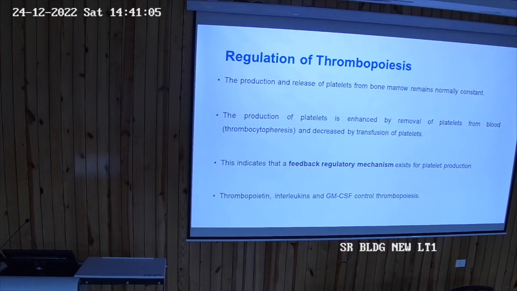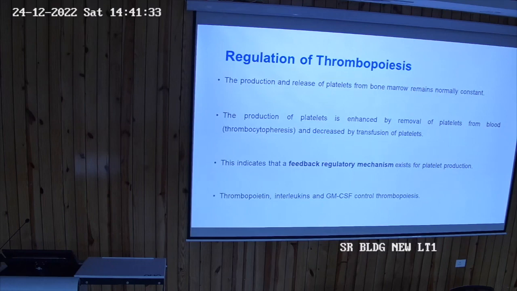It is always advised to transfuse freshly donated blood. We need to have an idea of the lifespan of the blood components to be transfused. 50% is present in the bone marrow pool and 50% in the circulation. In circulation, what are the active stages? So always the platelets are transfused in fresh blood.